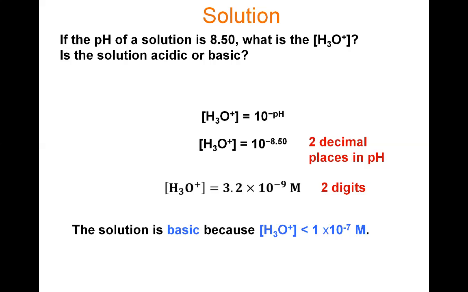If the hydronium ion concentration is less than 1 times 10 to the negative 7, that means the OH minus concentration will be more. And when we have more hydroxide ion, we have a basic solution.